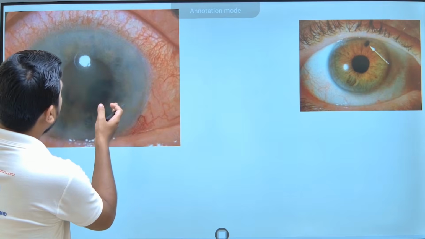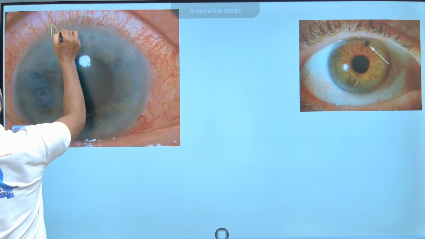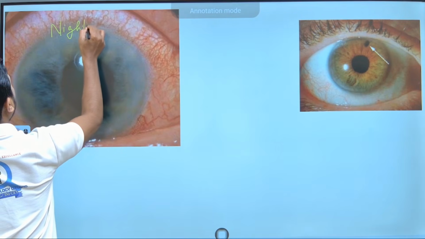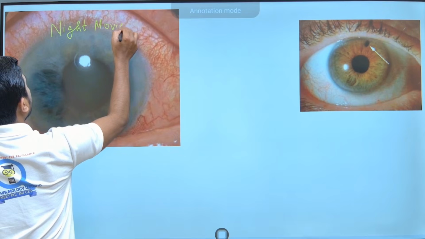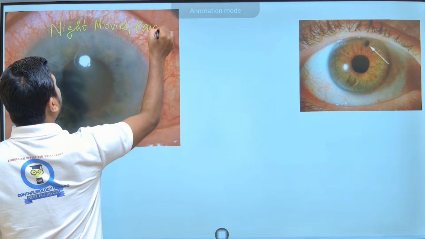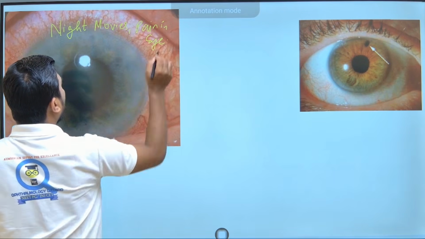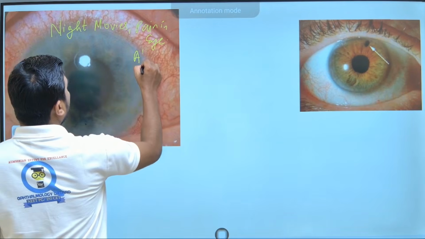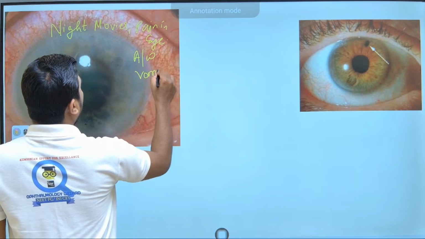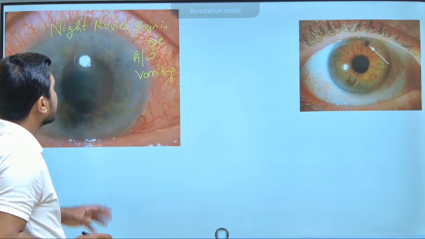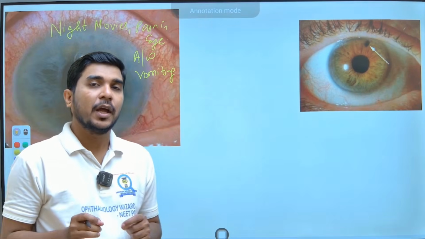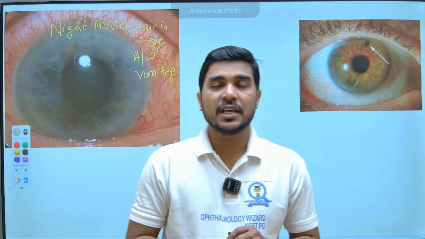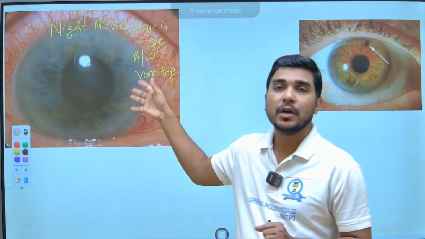Suppose this patient is watching a night movie and suddenly he develops pain in the eye, sometimes associated with vomiting. He presented to the OPD emergency with this type of feature.